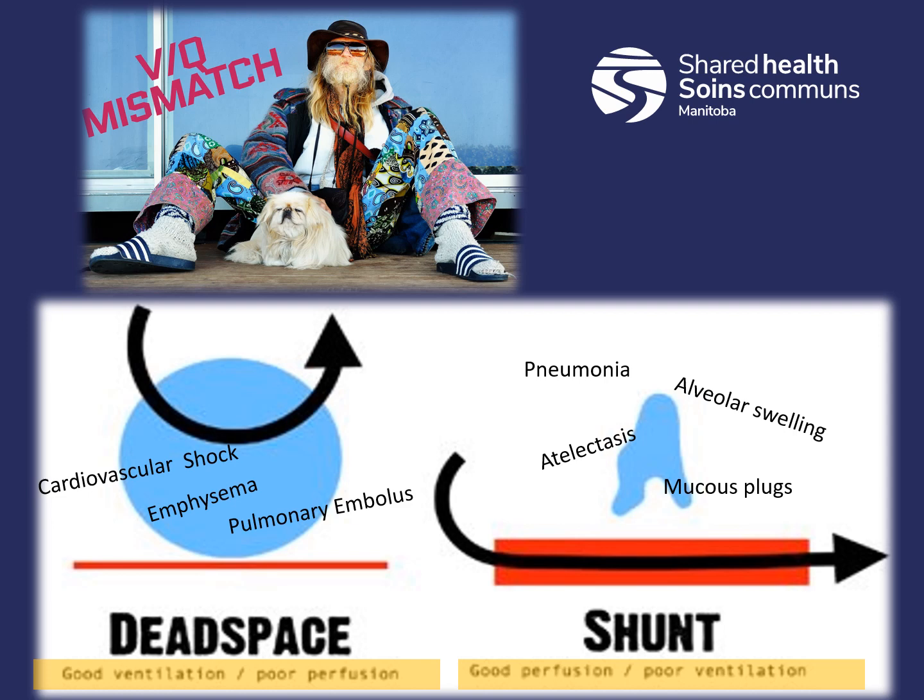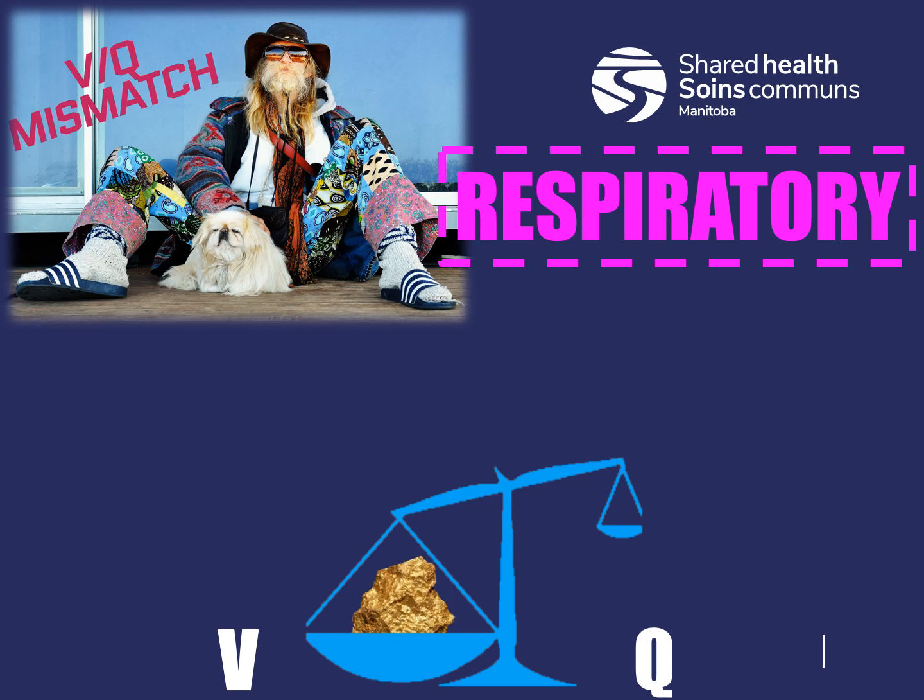So VQ mismatches are then categorized into respiratory, circulatory, or simultaneous mismatches. Respiratory VQ mismatch is due to change in ventilation when perfusion is normal. Think of the patient experiencing either hyperventilation or hypoventilation.